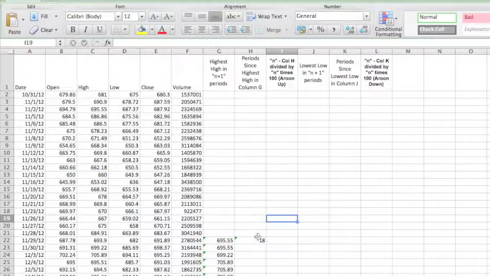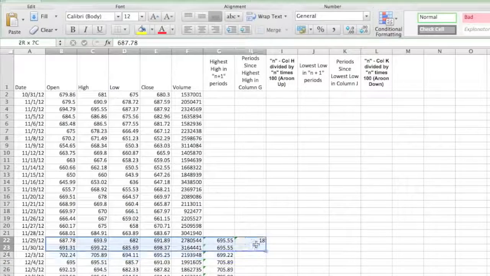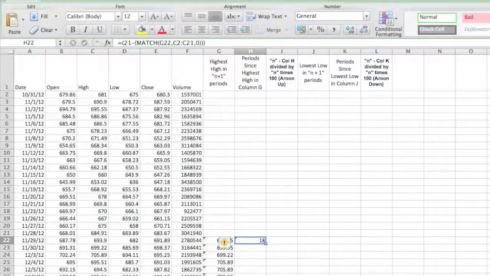Okay, so it's telling us that 18 days have gone by, and let's double check here. So 695. That's 1, 2, 3, 4, 5, 6, 7, 8, 9, 10, 11, 12, 16, 17, 18. So as you can see, 18 is correct. So fill in the rest.